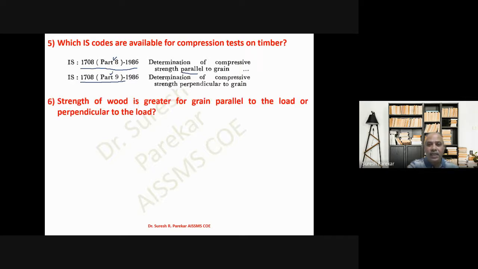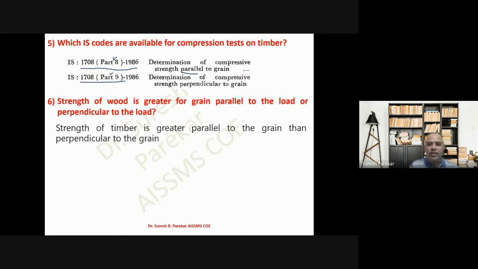Is the strength of wood greater for grain parallel to the load or perpendicular to the load? It is greater for grain parallel to the load.